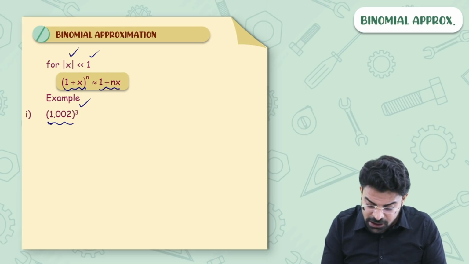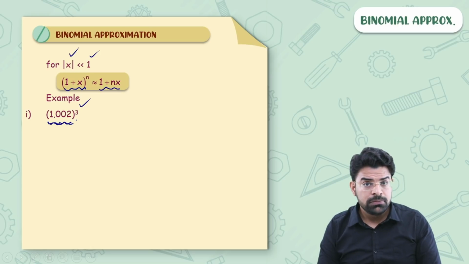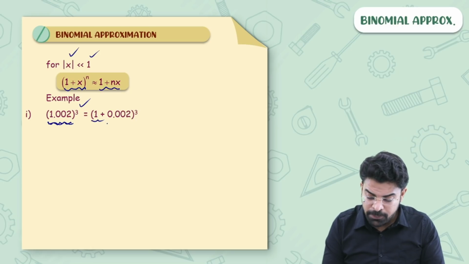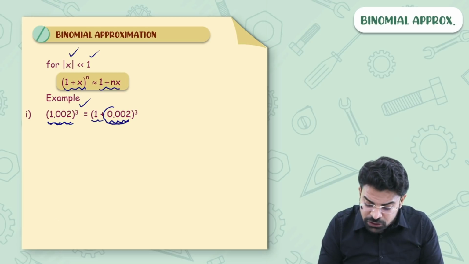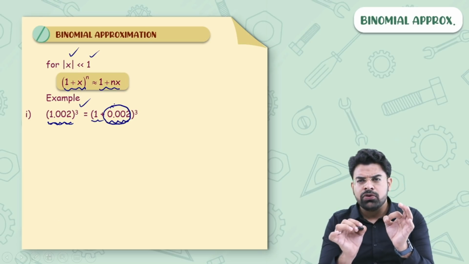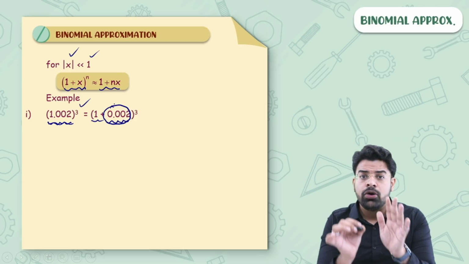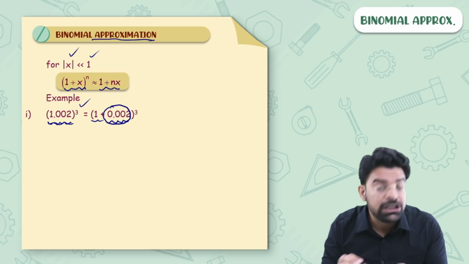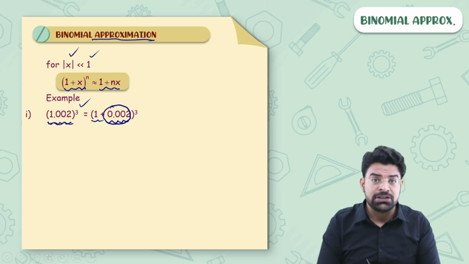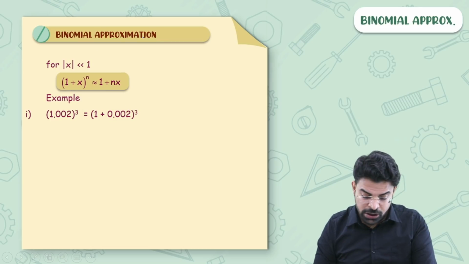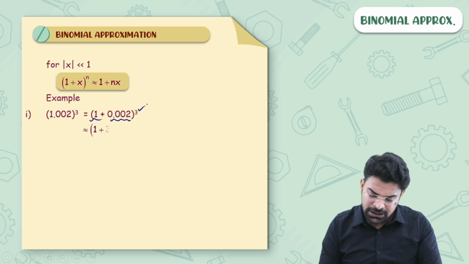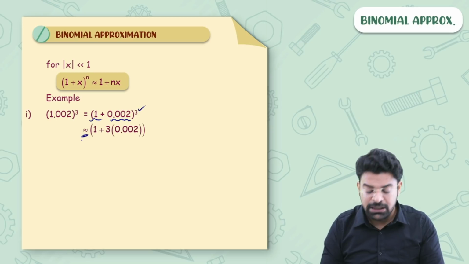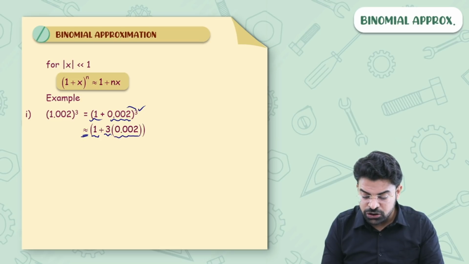You can say that 1.002 whole cube can be written as 1 plus 0.002 whole cube. As 0.002 has very small magnitude compared to 1, we can use the binomial approximation. This doesn't give you the exact answer. It's an approximation. So 1 plus 0.002 whole cube can be approximately said to be equal to 1 plus the power n, which is 3, times 0.002.